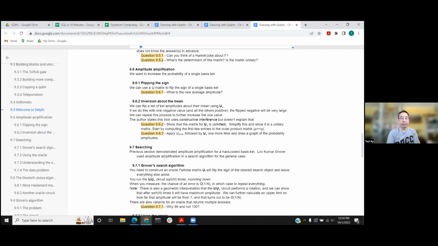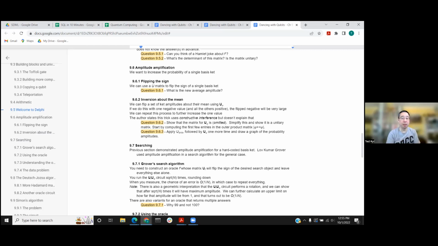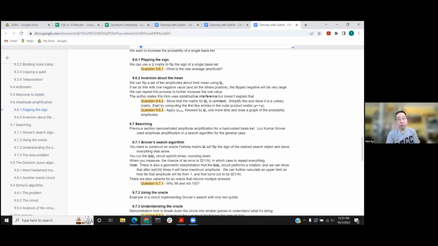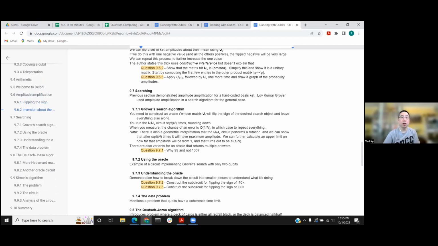All right, if there aren't any comments or questions, then we'll keep going, because we talked about this because we want to use this as a tool, as a subroutine in Grover's search algorithm. So previously I was just talking about doing this for a known hard-coded basis ket.